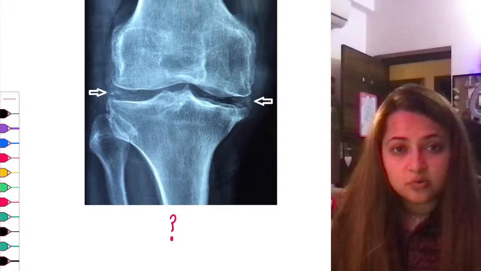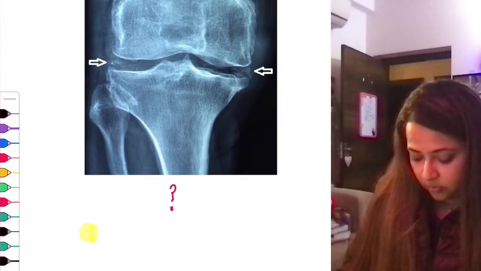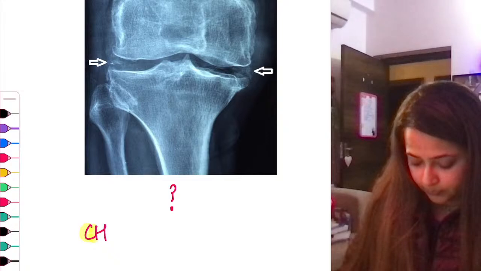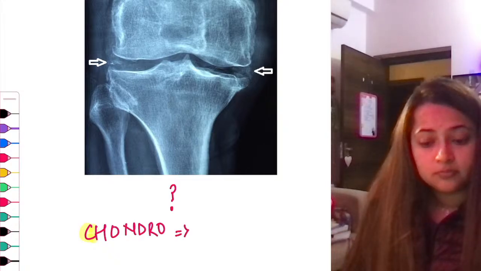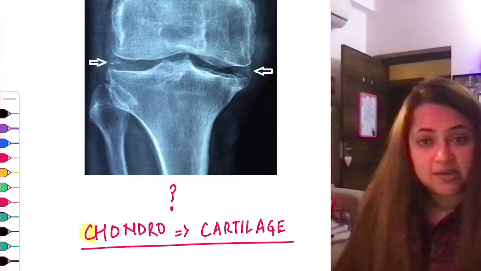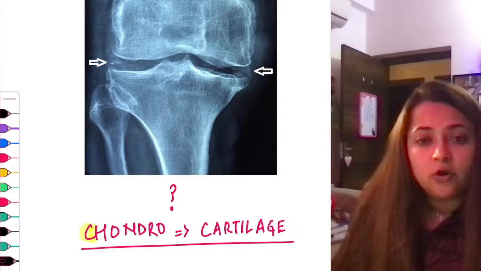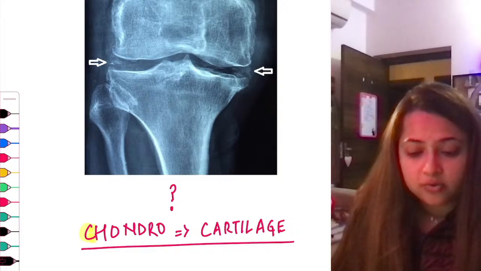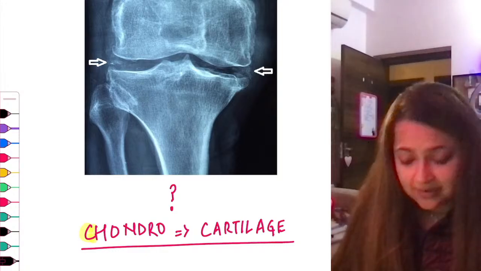What is chondrocalcinosis? Guys, whenever you come across the term chondro, it is related to cartilage, because the cartilage forming cells are known as chondrocytes.